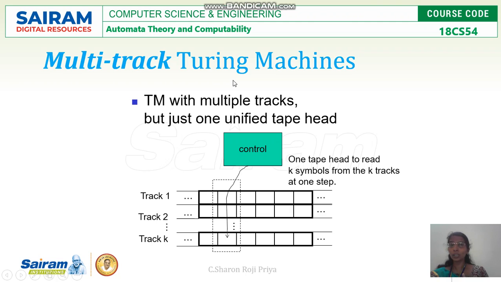Since I have only one tape, there will be only one read-write head. But this single read-write head will read the symbols from all the tracks at a time. That is my multi-track Turing machine.